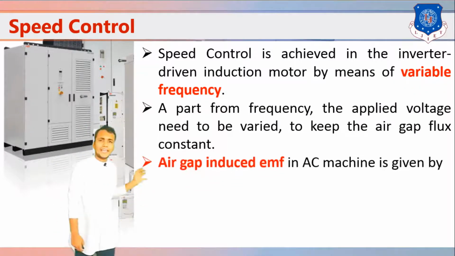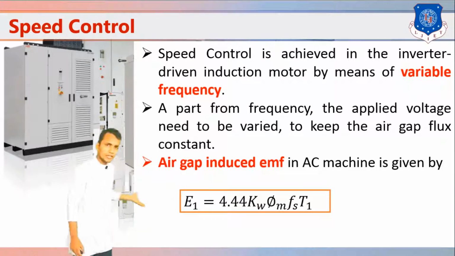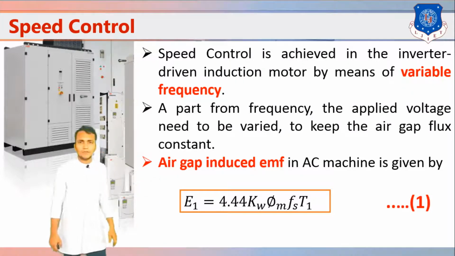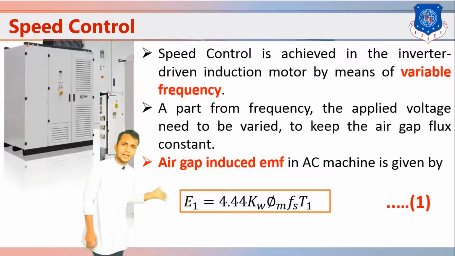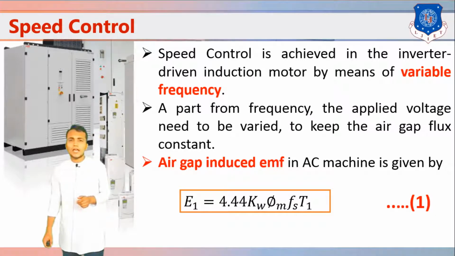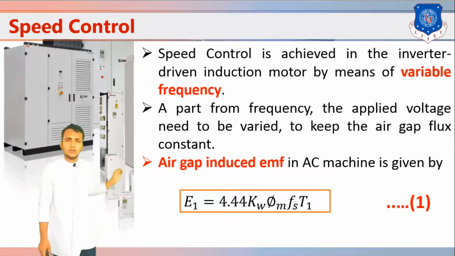Then the air gap flux induced EMF in AC machine is given by the equation E1 is equal to 4.44 kW1 phi m Fs into T1, that is equation number 1. We already studied in electrical machines the air gap flux equation E1 equals 4.44 Fs phi m kW1 into T1.